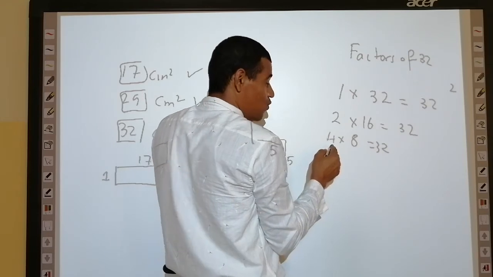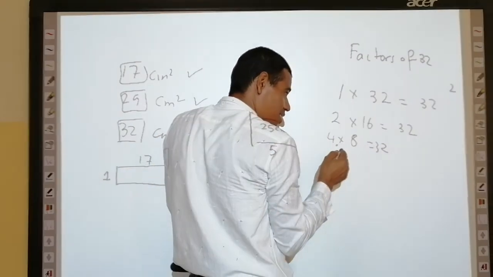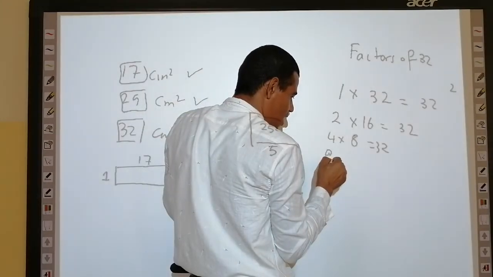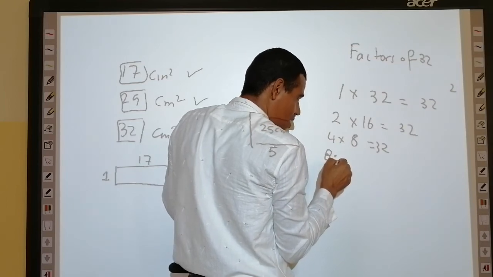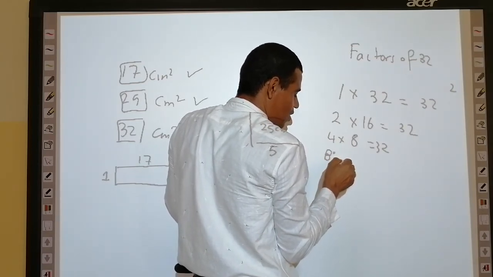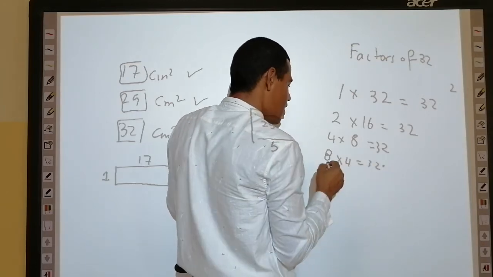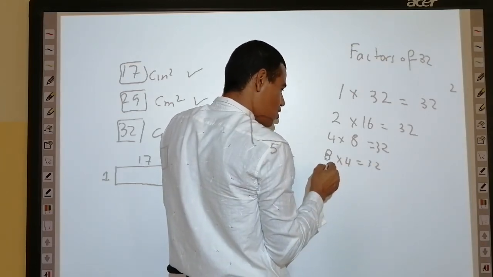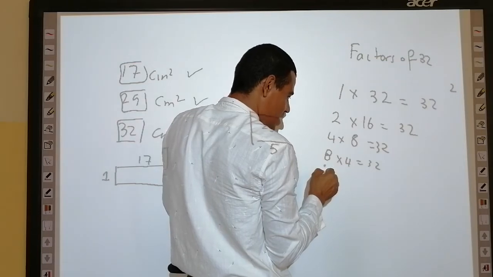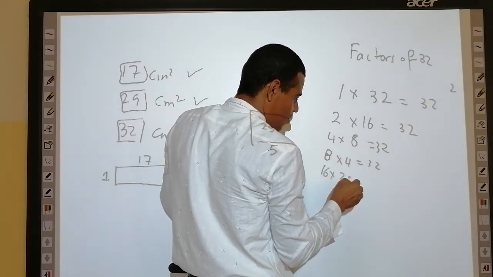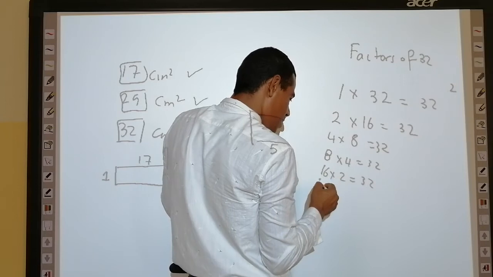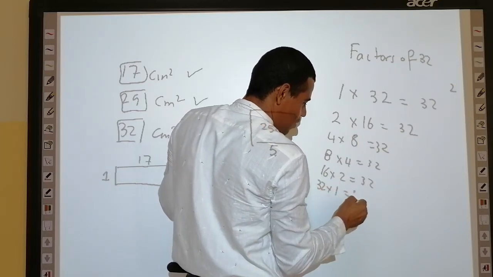Double 4 is 8, and half of 8 is 4, so we have reached the same pair again. Double 4 is 16, multiplied by 2 gives 32. And 32 multiplied by 1 gives 32.